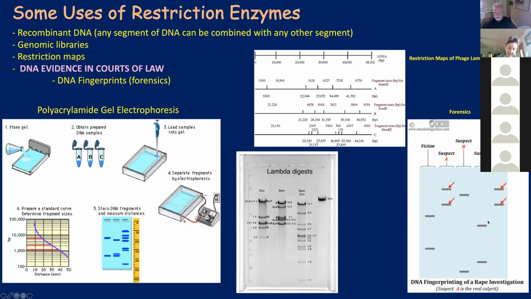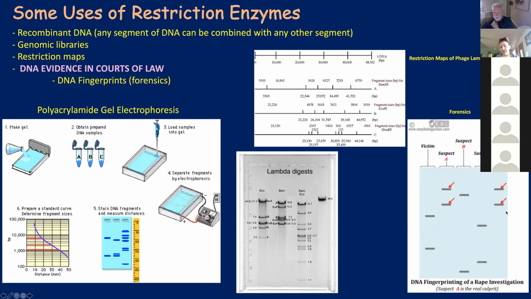So all of these DNAs were digested with different enzymes, run on a polyacrylamide gel, so they're separated. And the pattern is different for each one. So the victim has a pattern. The three different suspects each have a different pattern.